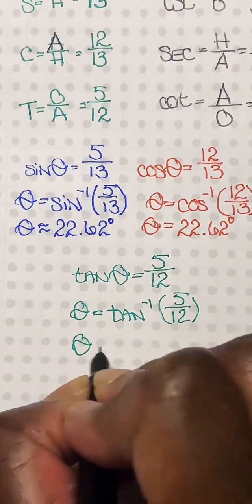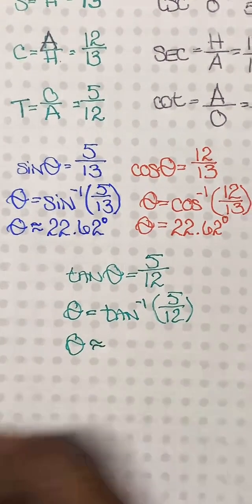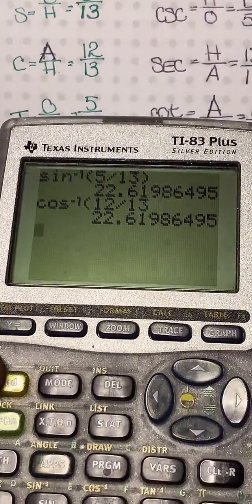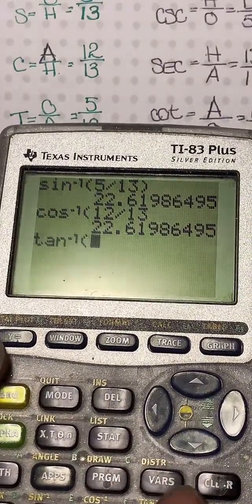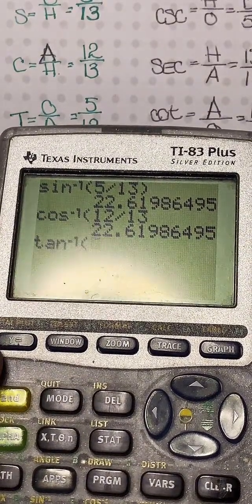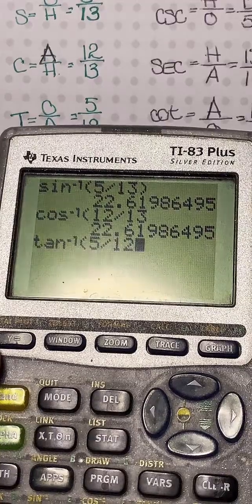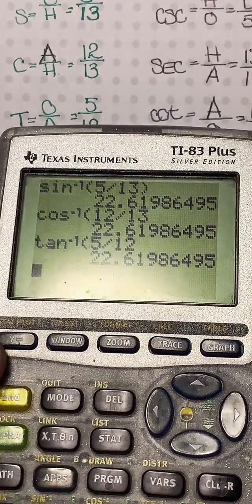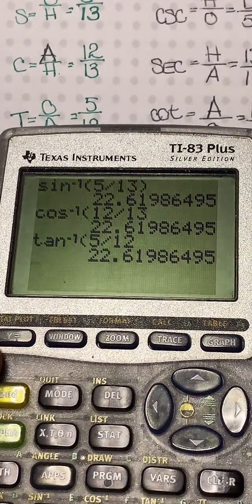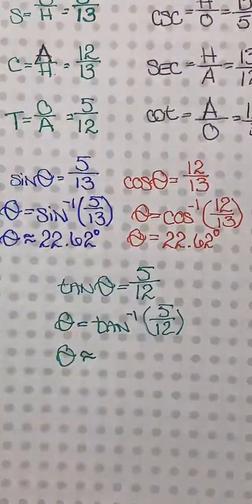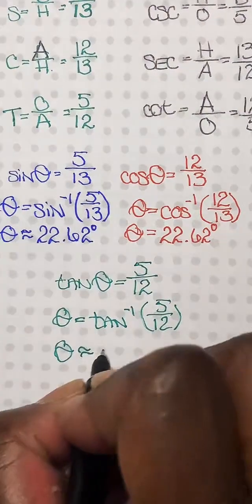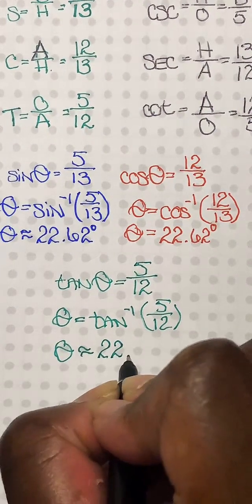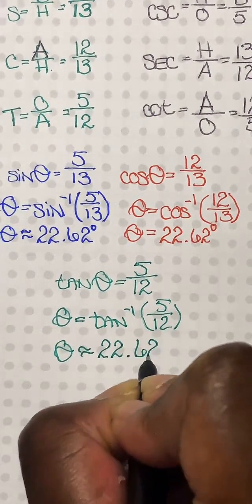And it gives me, I'm going to do it approximate. That's what that wave is for. Second tan of 5/12, and you get the exact same answer. Okay? So hopefully this shows you that it doesn't matter which one you choose, you're going to get the same answer.